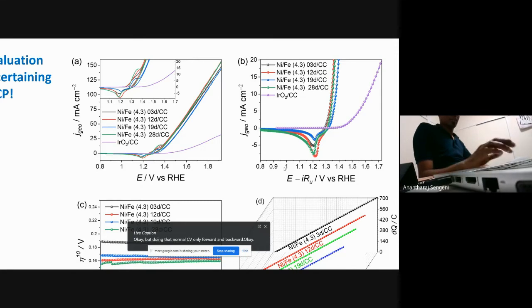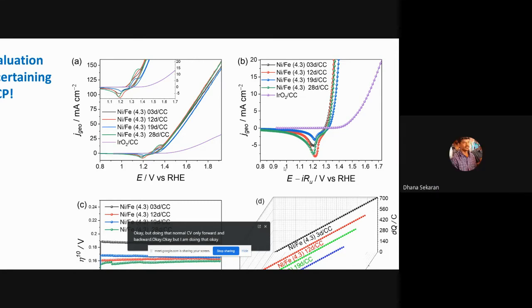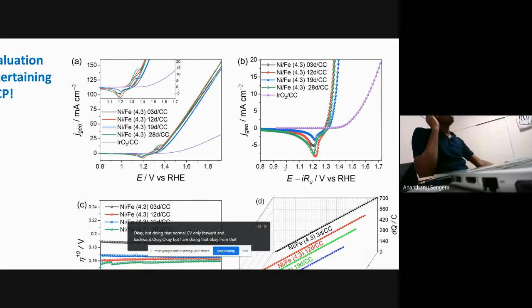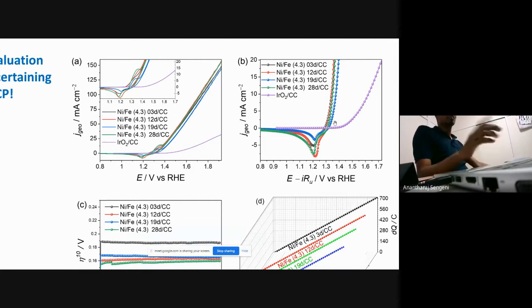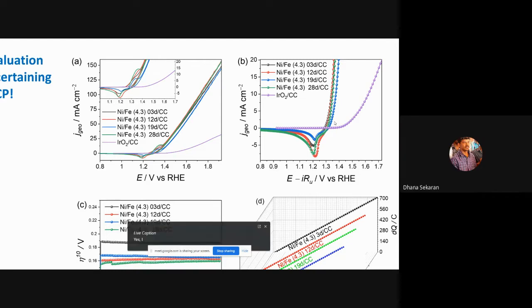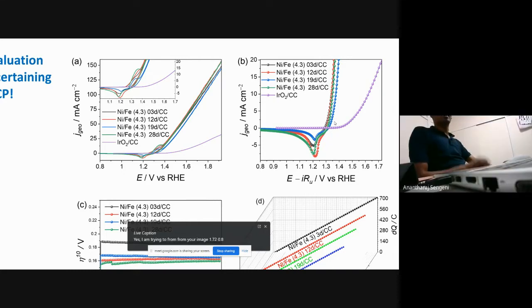If you try recording a backward sweep from 1 to 0, for example, you will not see such a structure, because there will be some oxidation when you come back. So you cannot achieve such a structure when you do it backwards.